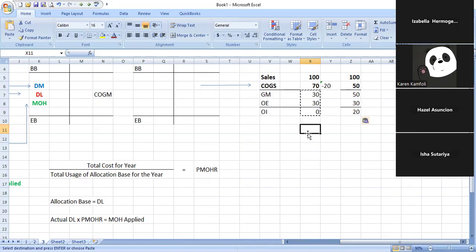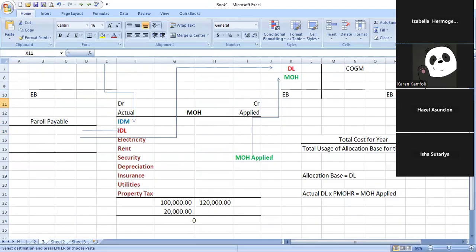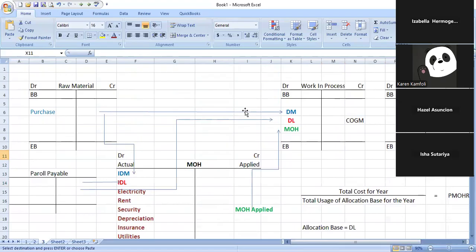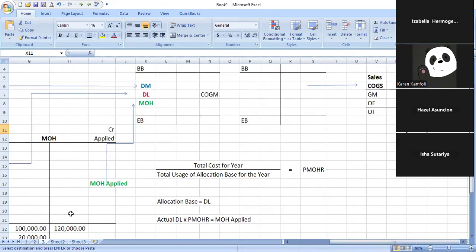So those are the three scenarios that you have. Out of the second and third scenario, which one do you prefer, to apply more overhead or to apply less overhead? More. Okay, so let's think about it. If you apply more overhead, what's going to happen? Your product costs more.